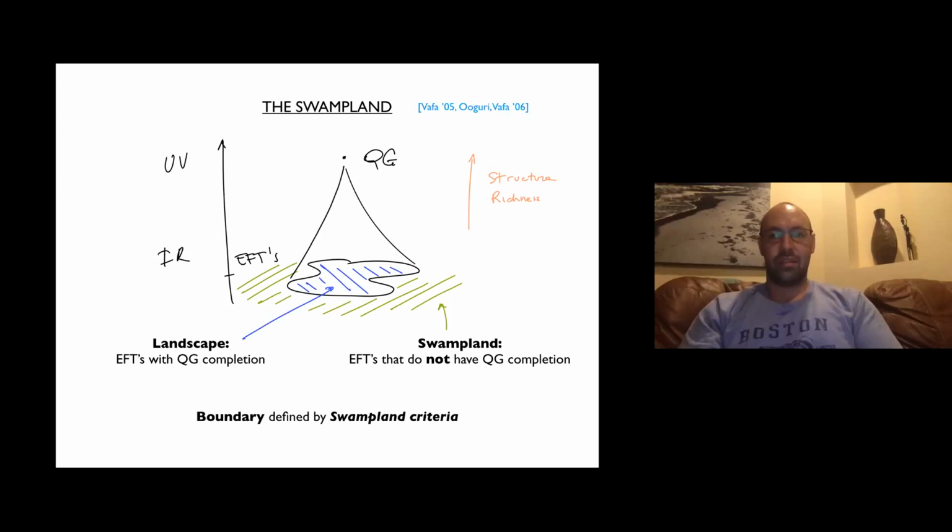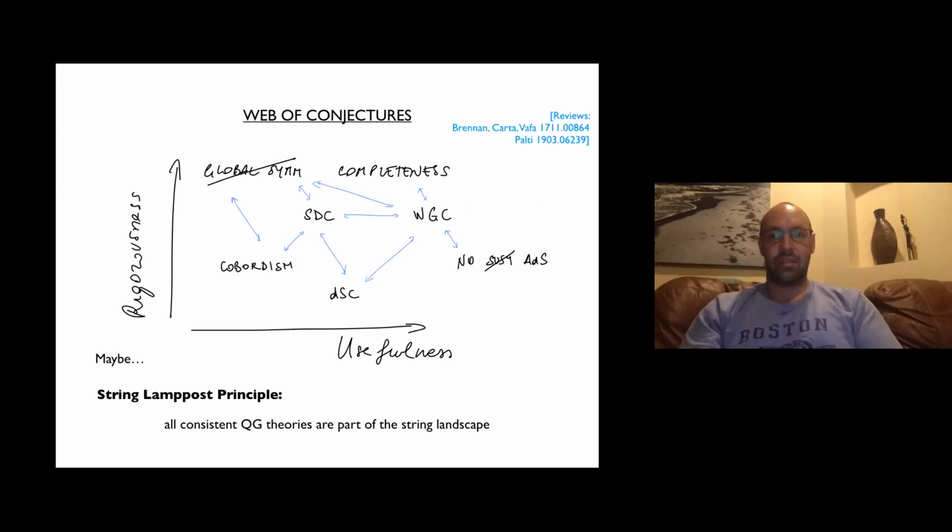The whole point is to try to identify the criteria defining the boundary between the landscape and the swampland. In recent years, since 2006, when the swampland program was started, there have been a lot of conjectured criteria to define this boundary.